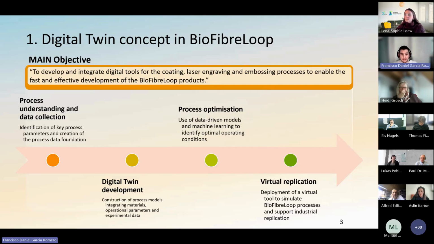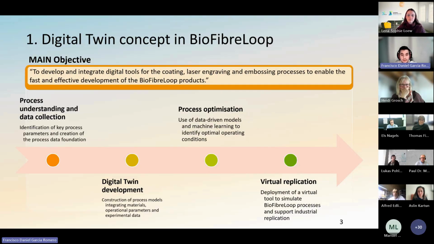As a second step, what we did and are still doing is to construct all the physical and mathematical models for the process by integrating all the data from the materials, the operational parameters, and experimental data. We also started building the visualization and the user part of the digital twin.